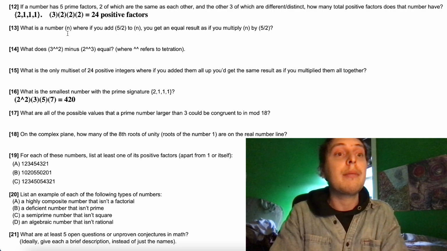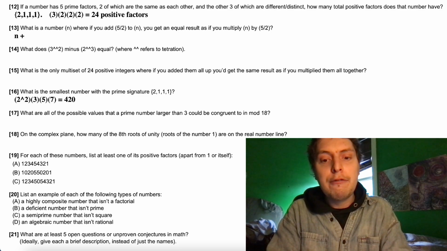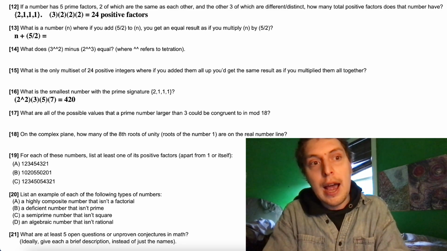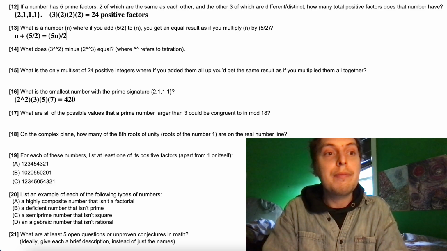We can note that our number n here plus 5 halves equals n times 5 halves, which is 5n over 2.